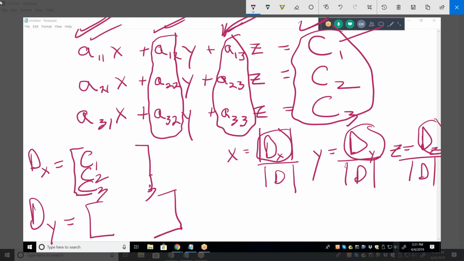So the X starts with the constants as the first column. Second column is the coefficients of the Y. Third column can only be what? The coefficients of the Z.